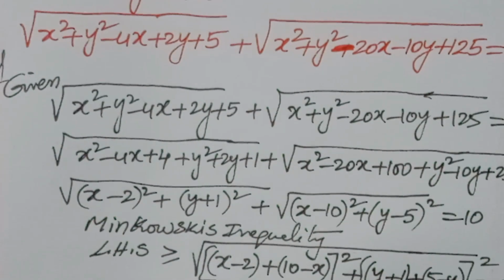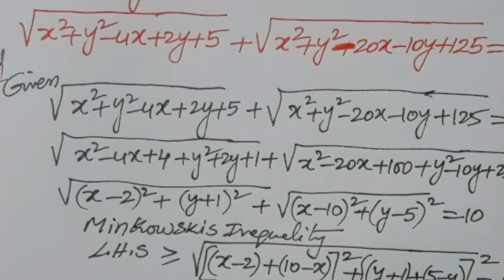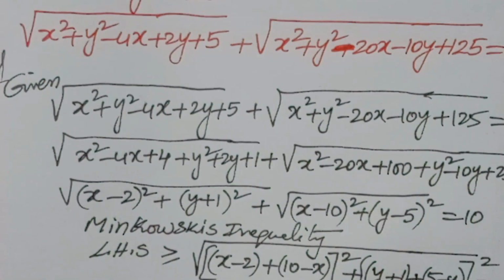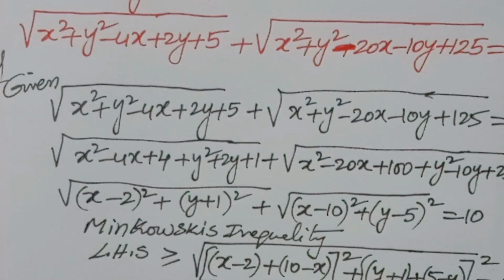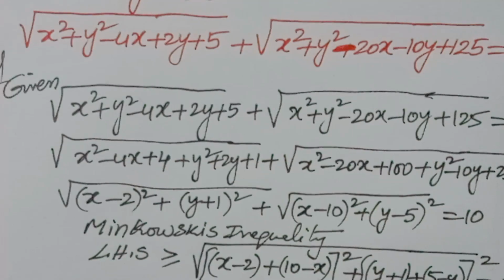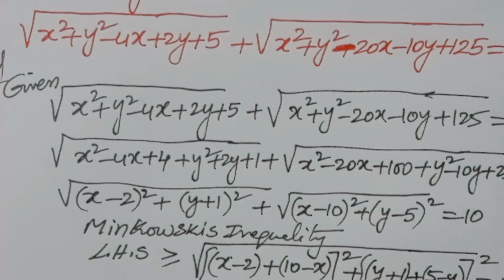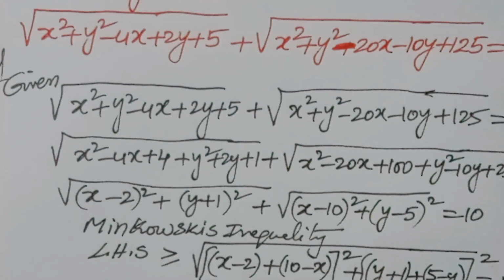Hence, equality holds when (x minus 2) into (5 minus y) is equal to (y plus 1) into (10 minus x).